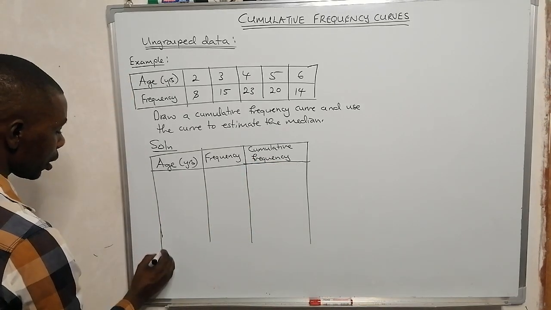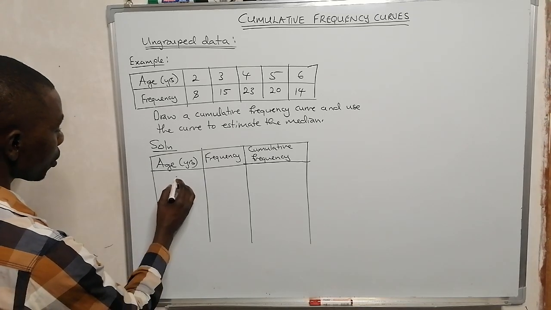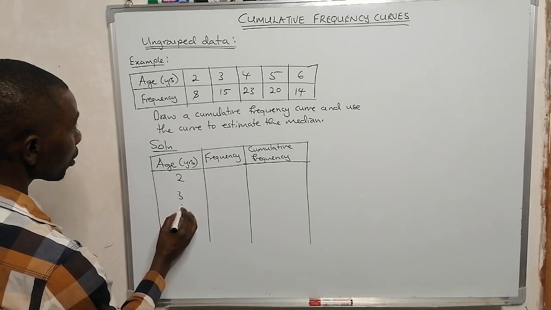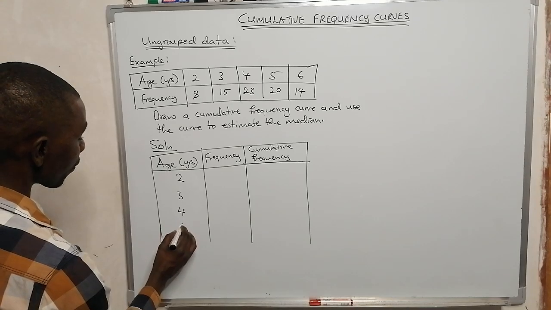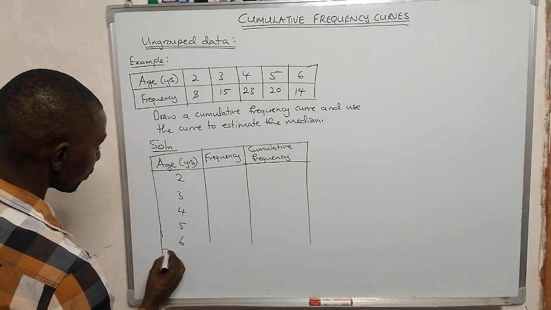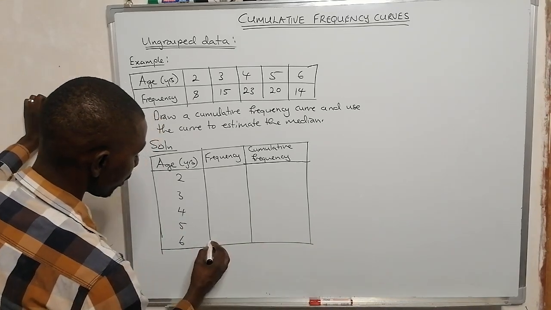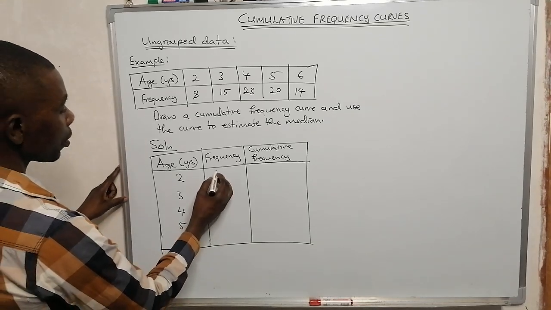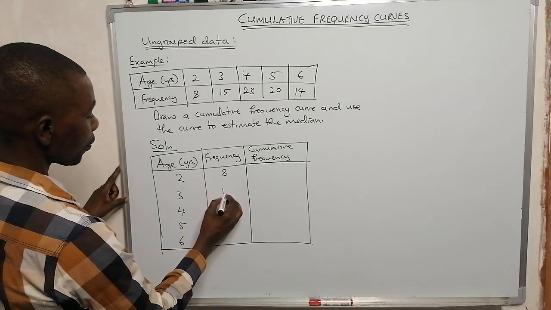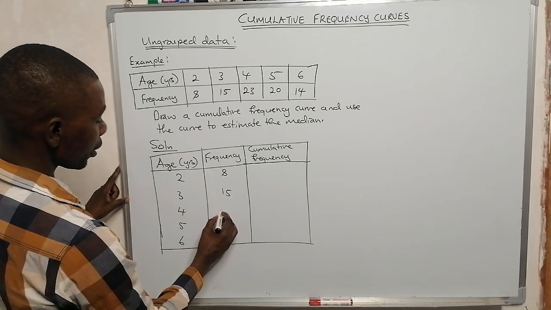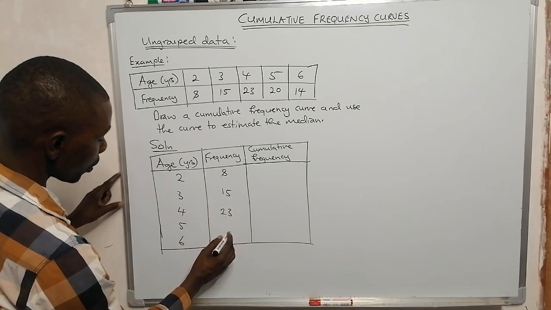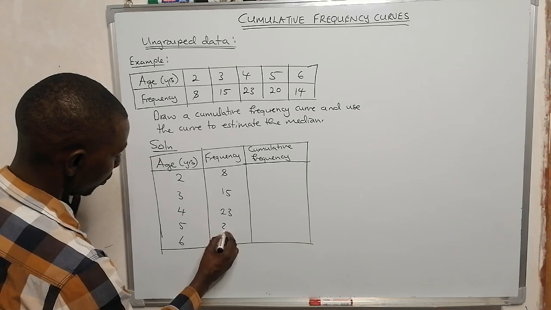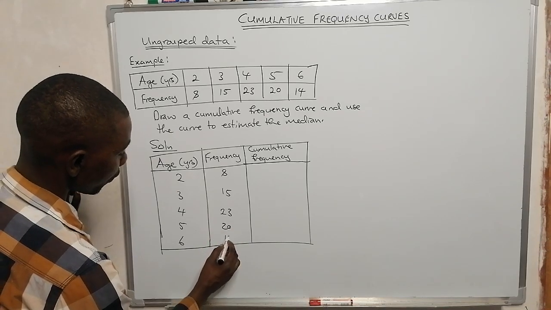So our age here is given as 2, 3, 4, 5, and 6. Then our frequencies, we have 8, 15, 23, 20, and 14.